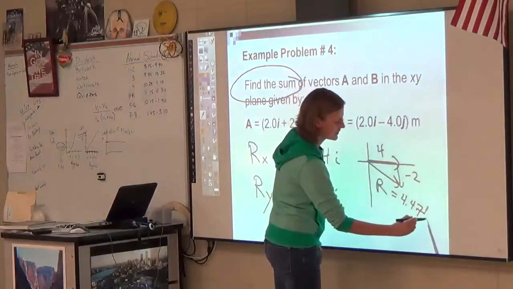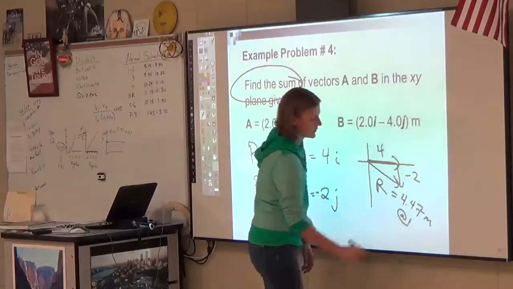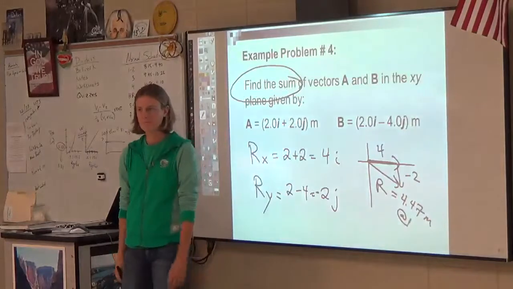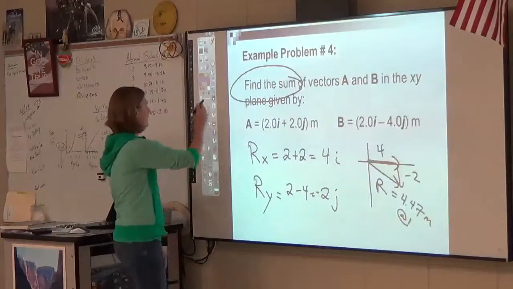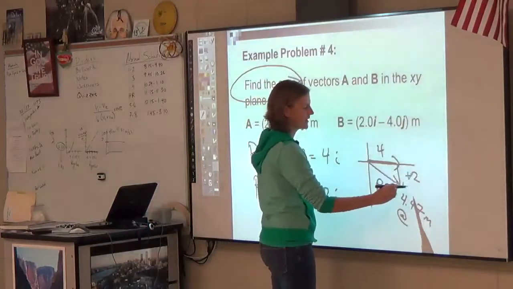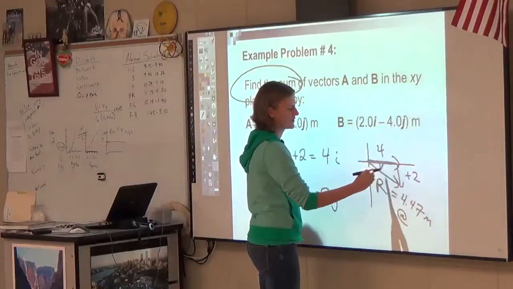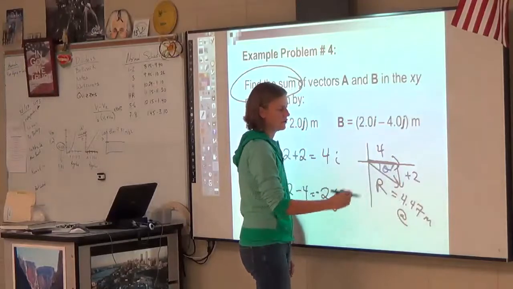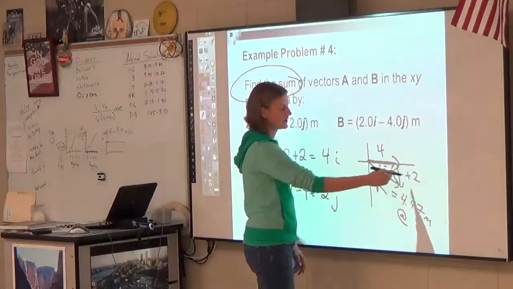And these are meters. All right, here's a good one to practice. How do I get an angle for that? Yeah, and sorry, I should not have written that negative. You can tell the direction by the way it's drawn.